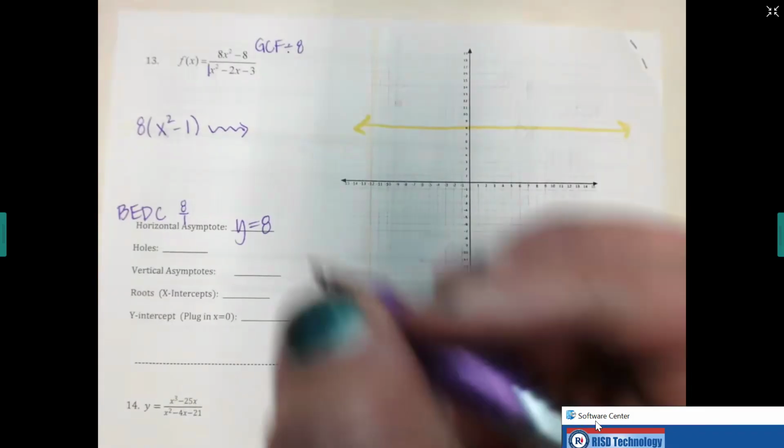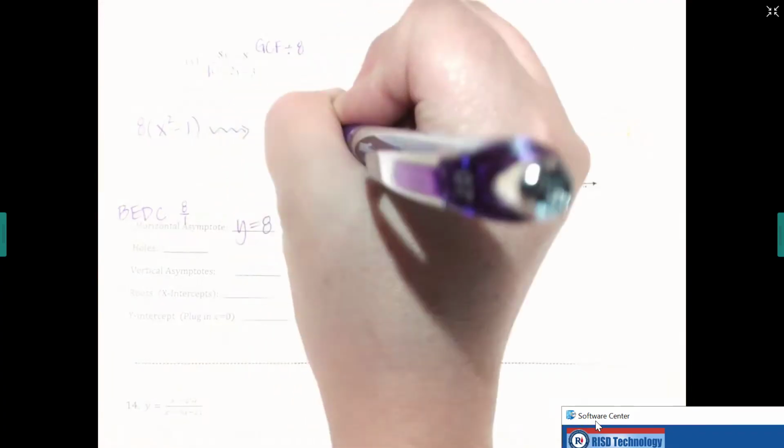My 8x squared is now just an x squared. My 8 divided by 8 would leave me with a 1. Now, that's not done yet. I can still perfect square that. What's the square root of x squared? x. What's the square root of 1? Plus or minus 1. So that's going to break down to an x plus 1 and an x minus 1 with a regular 8 in the front.